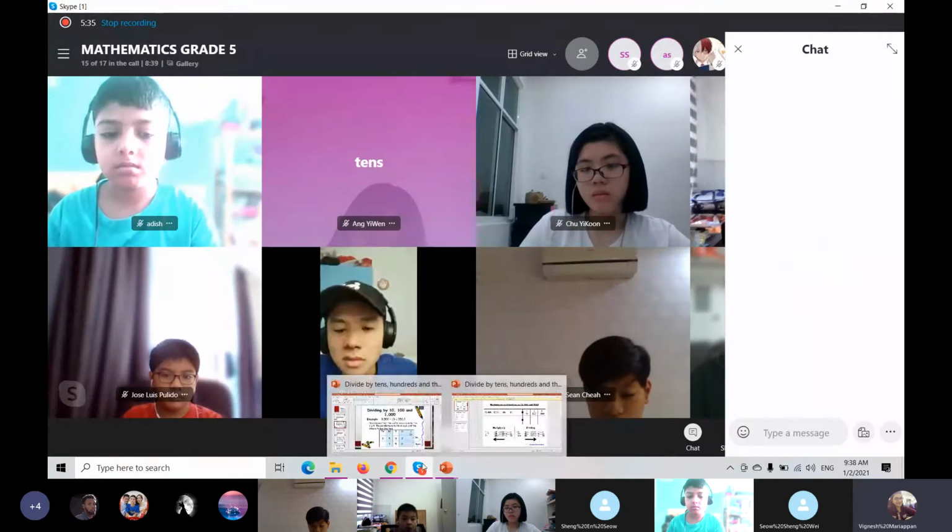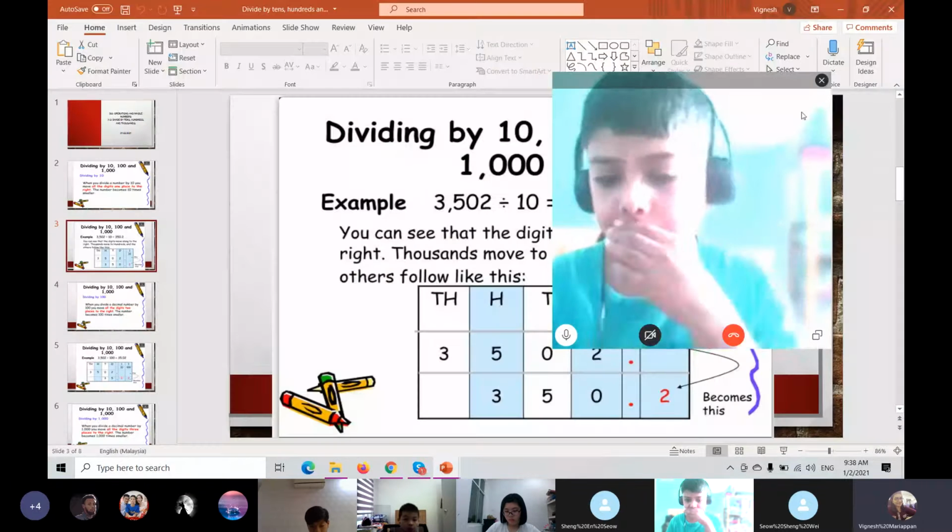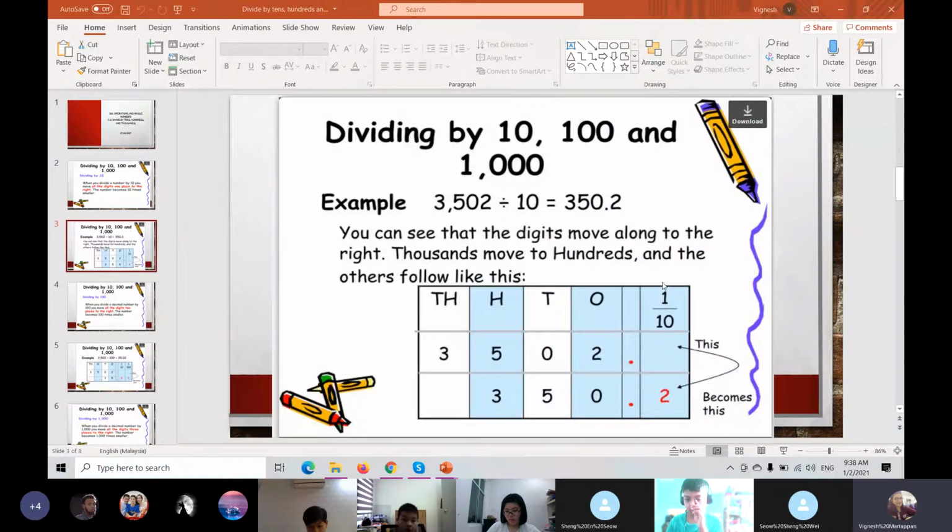Tens. Very good. So you all have to remember that the number after the decimal is the tenths place. So the number to the left of the decimal should be 1, and then we follow with 10, 100 and thousands.